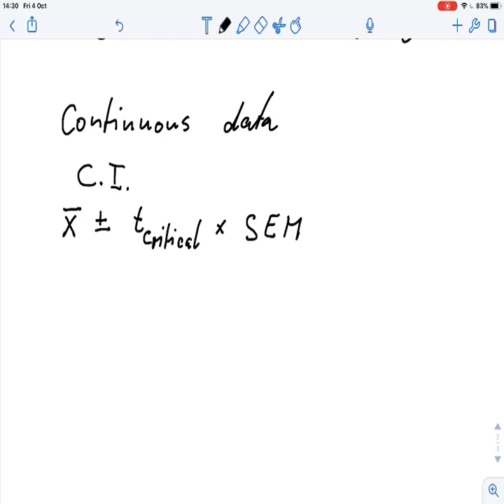What does SEM stand for? You're absolutely right. Standard error of the mean. Can you remember what the standard error of the mean actually was?